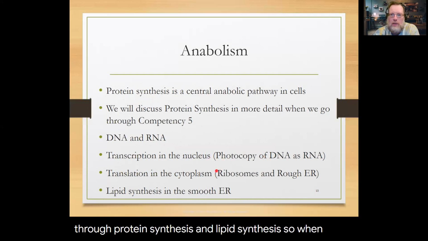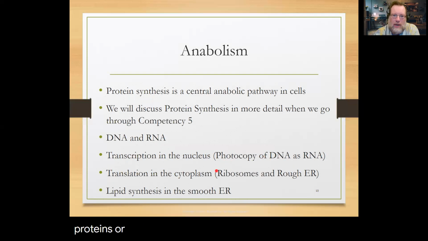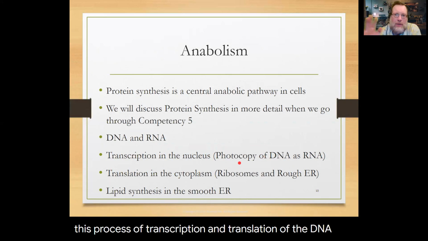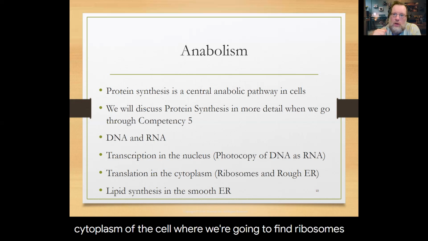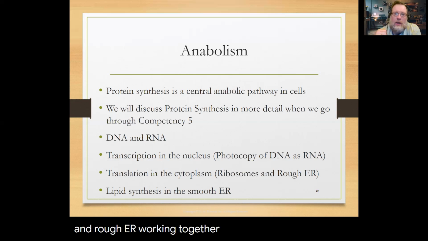When proteins or amino acids enter a cell, we see this process of transcription and translation, with the DNA being photocopied in the nucleus and delivered out into the cytoplasm of the cell, where we find ribosomes and rough ER working together to read and translate what the nucleus wants to be produced.